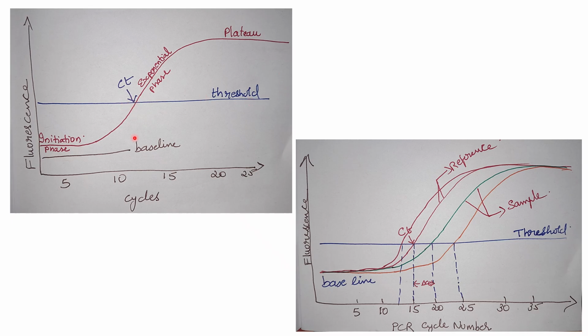So here if you take, it will be around 11 or 12. Okay, the PCR cycle will be 11 or 12. So at that stage you will get the CT value, and you can detect a fluorescent signal when your sample reaches the CT value. So that is the real signal. Okay.